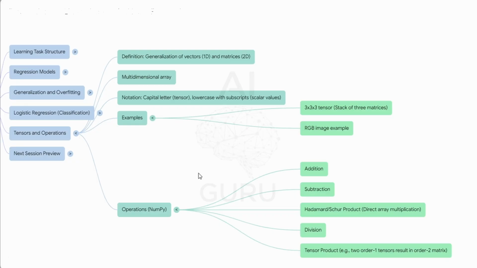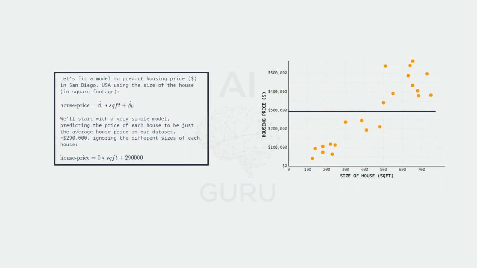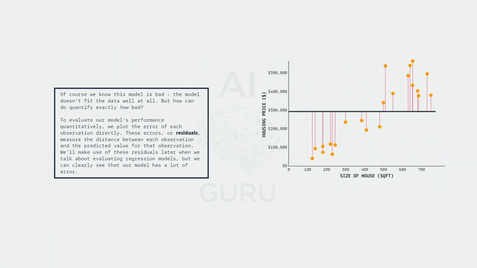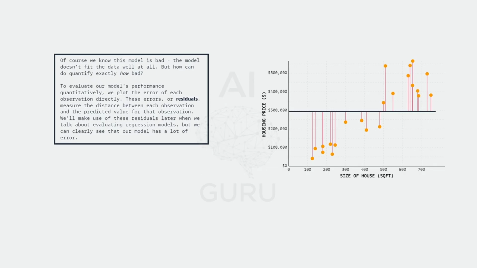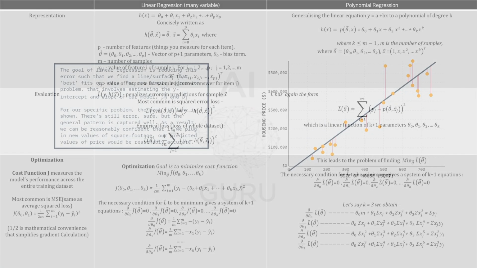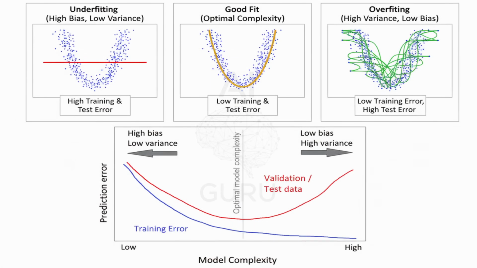Wow, okay. So let's recap. We started with that core framework: representation, evaluation, optimization. Right. Then we saw how linear algebra forms the basis for prediction with linear regression, finding those optimal weights. We saw the trick for handling curves, using polynomial regression, keeping things linear in the parameters. Then the critical concept of generalization and avoiding overfitting, not just memorizing the training data.